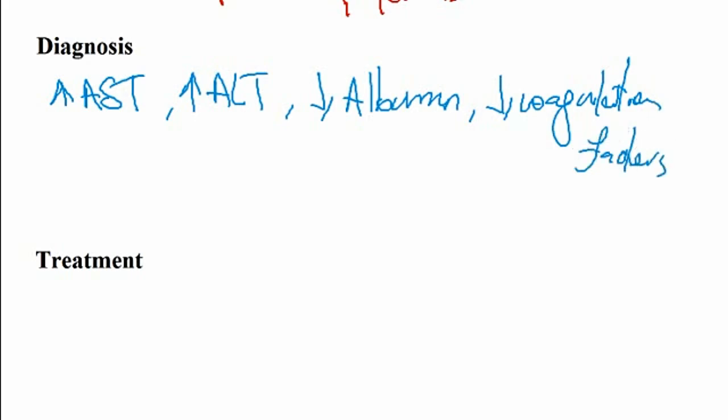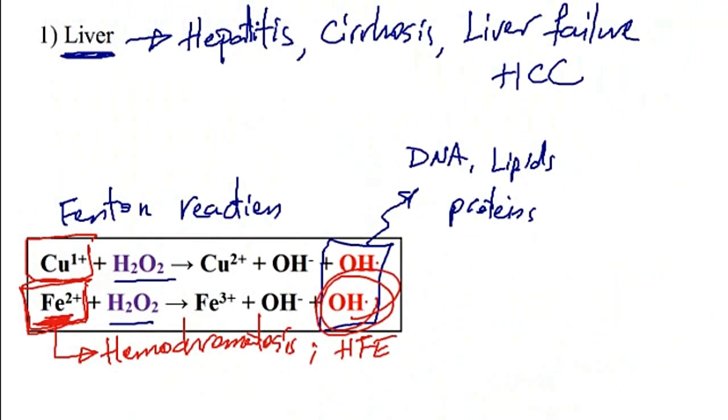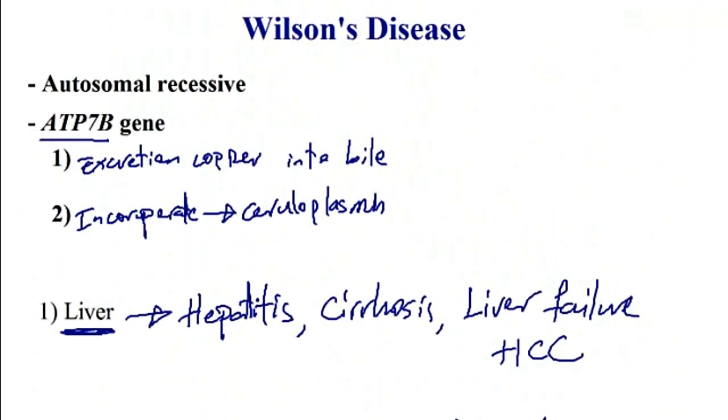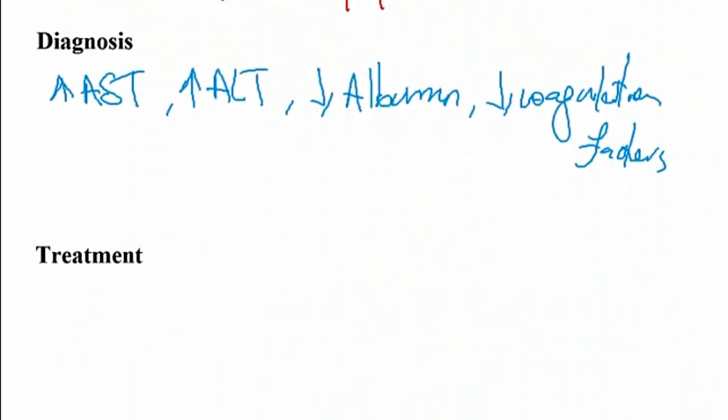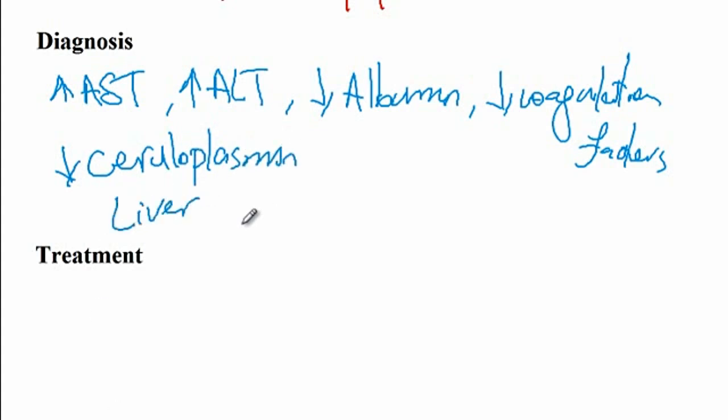And as I discussed earlier, ATP7B is also required for the incorporation of the copper into the ceruloplasmin. So therefore, decreased level of ceruloplasmin is also another feature of Wilson's disease. And then you can finally use the liver biopsy to check for the elevated level of copper inside the liver.